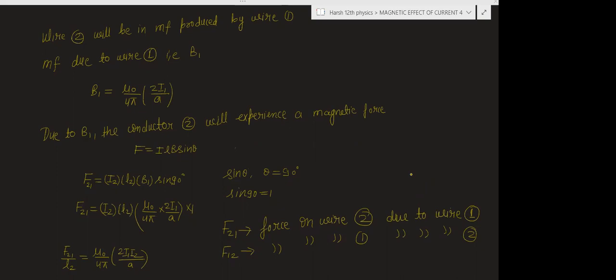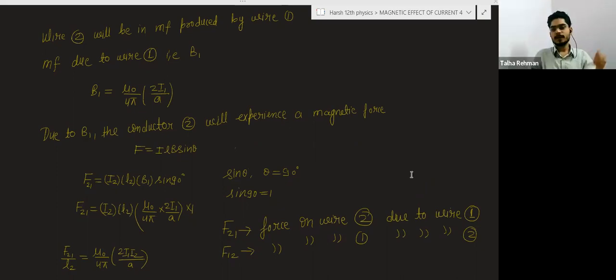This is happening because of the magnetic field produced by the conductor. The current carrying wire produces the magnetic field, and each conductor is in the magnetic field produced by the other conductor. That is why there is some force on the conductor.